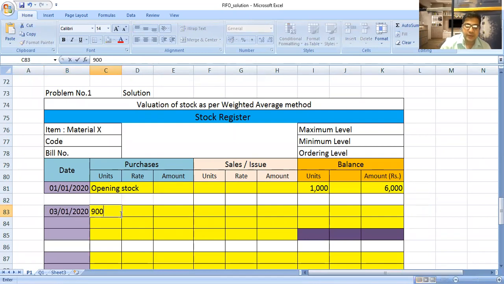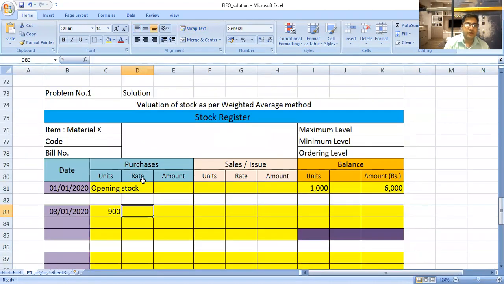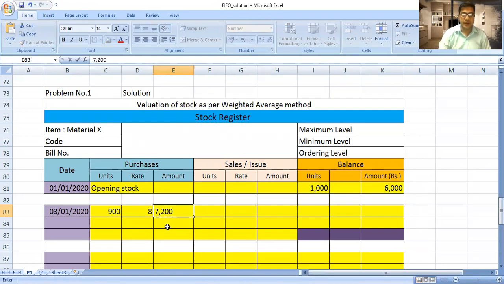How many units? 900. Rate per unit, 8 rupees each. 900 into 8. Use the 12 digit calculator and find the value. 900 into 8, the value will be 7,200.